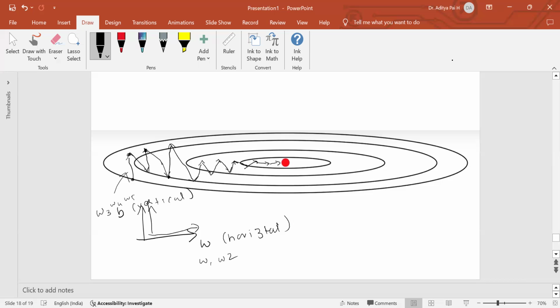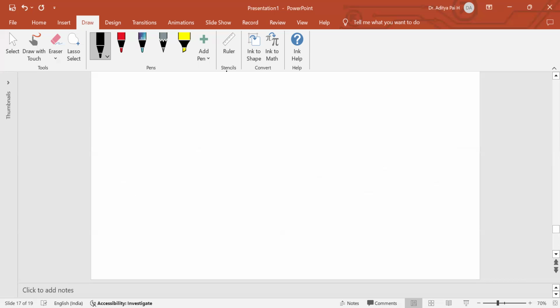Now for calculating this, what we'll be considering is dw and db. Just like we had seen in the previous video, here I am taking dw and db as the change in the weights and biases, that is, moving towards the W direction and the B direction, in the horizontal and vertical axis.